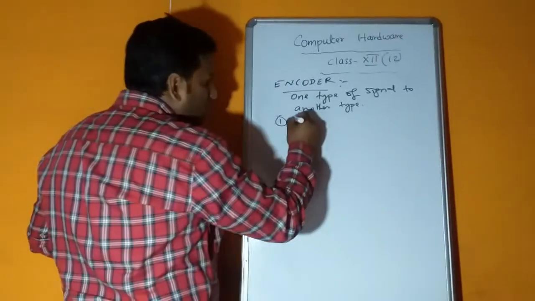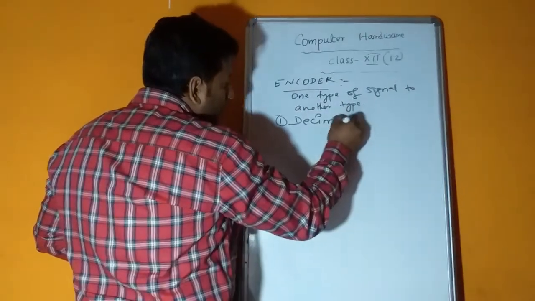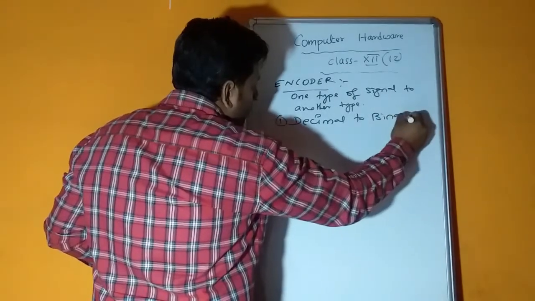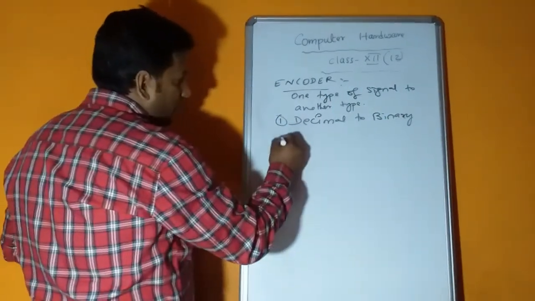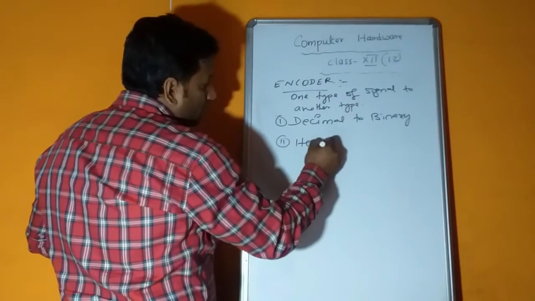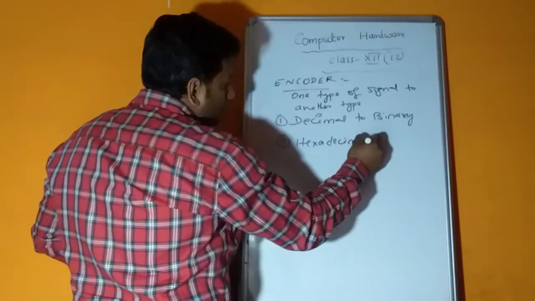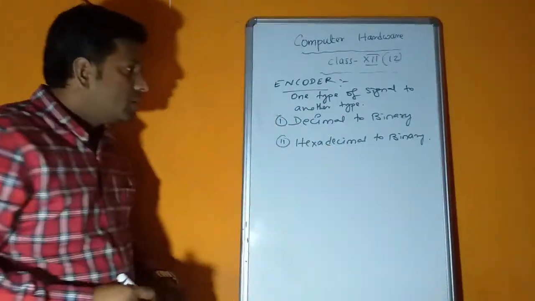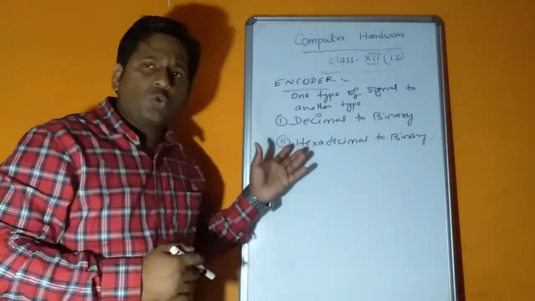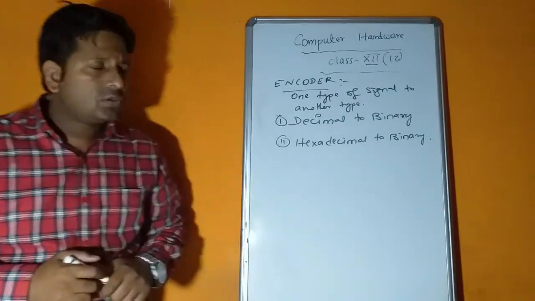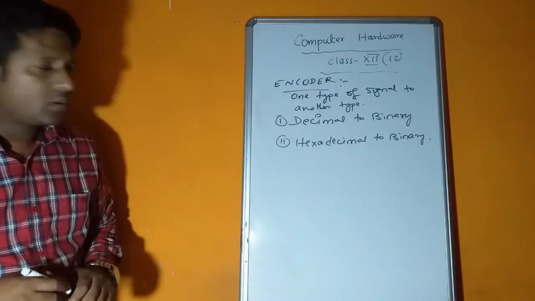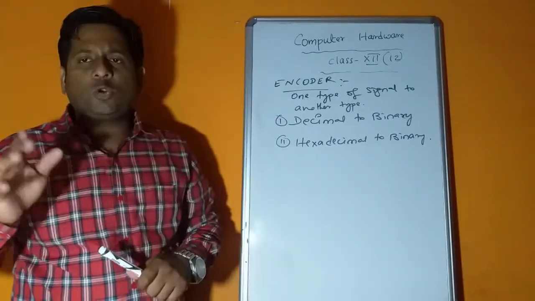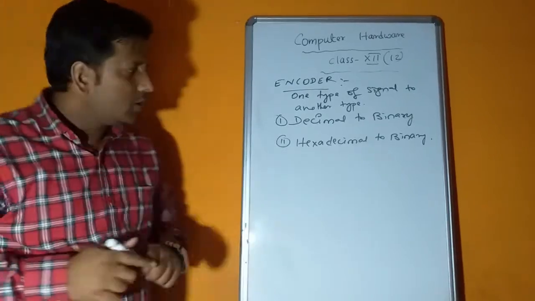One is decimal to binary, and another is hexadecimal to binary. So children, the logic behind these two is the same. First of all, I'll be explaining only decimal to binary, and hexadecimal to binary will be your homework. Is this clear, children?